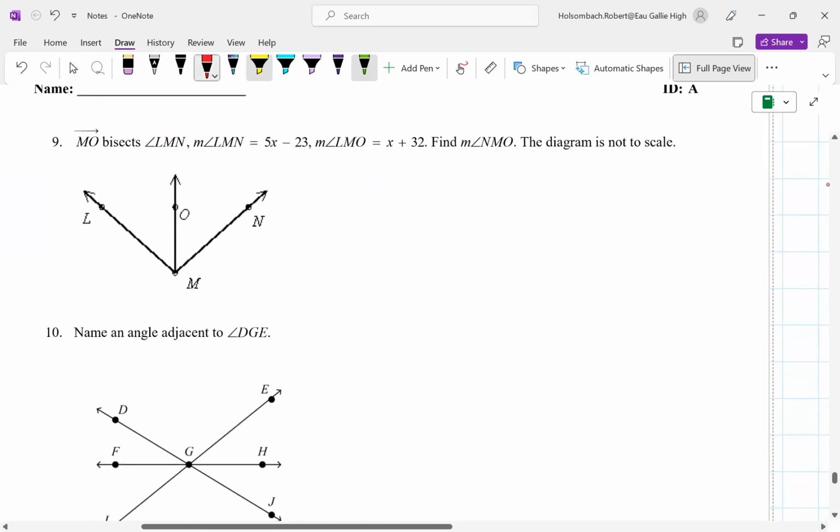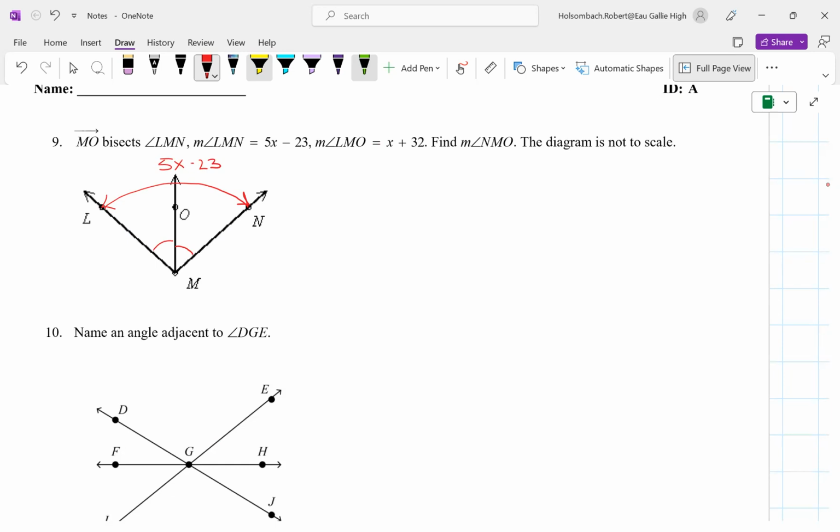MO bisects LMN. Seen this question a lot lately. So those two angles are congruent. LMN, the big angle, the entire angle, measures 5x minus 23.